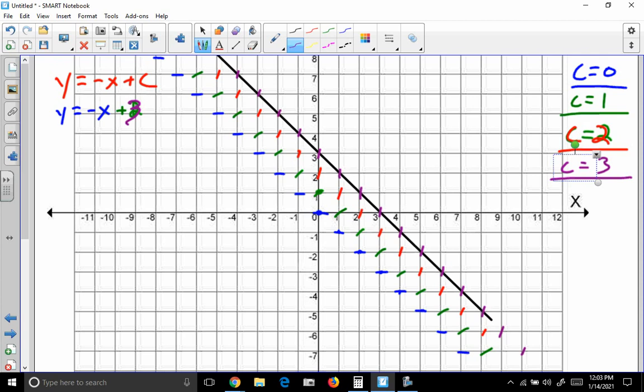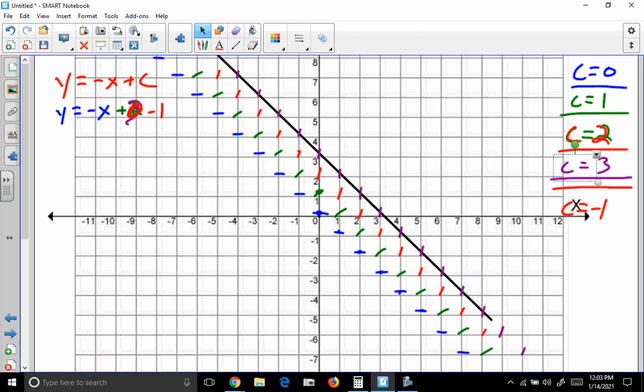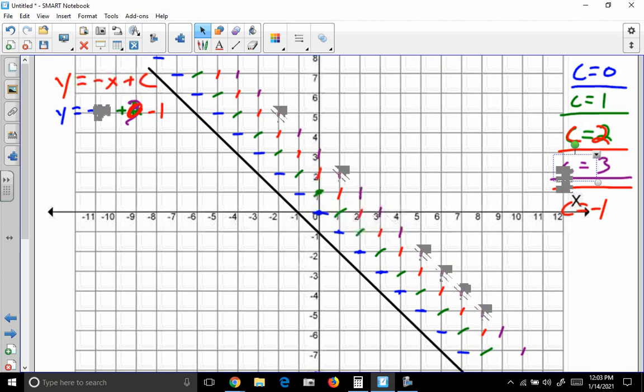Now let's do some negatives. Let's do C equals -1. So if C is -1, then our isocline is down here. And everywhere that we're on that isocline, our slope is -1. So a negative slope is going down the slope of -1.